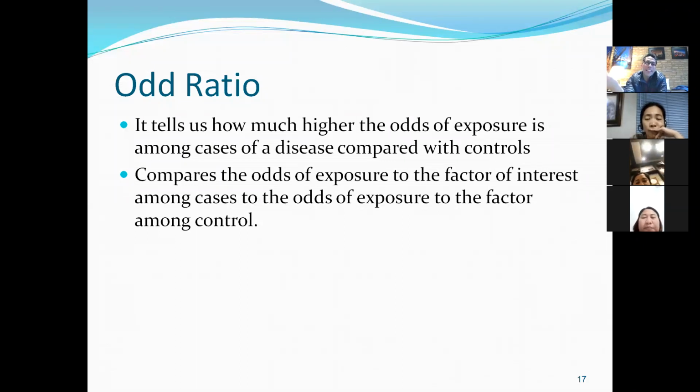So an odds ratio is meaningful when it is higher than 1. And it gives us the idea of the gravity of the exposure based on the value of the odds ratio.